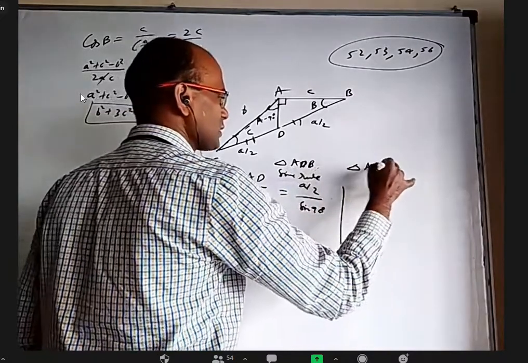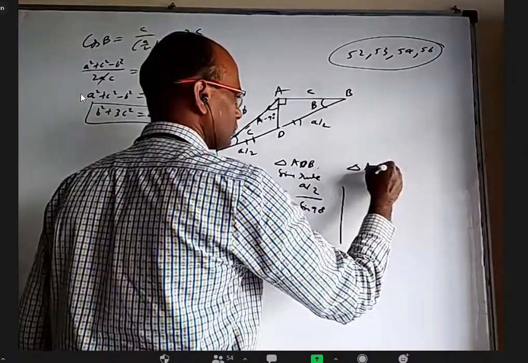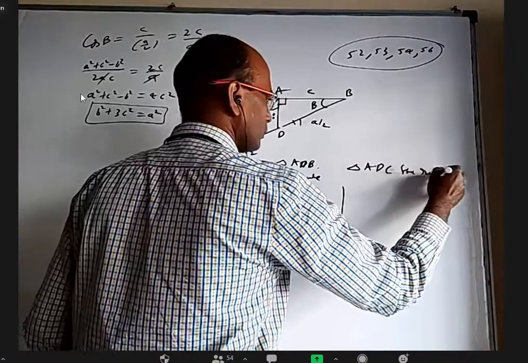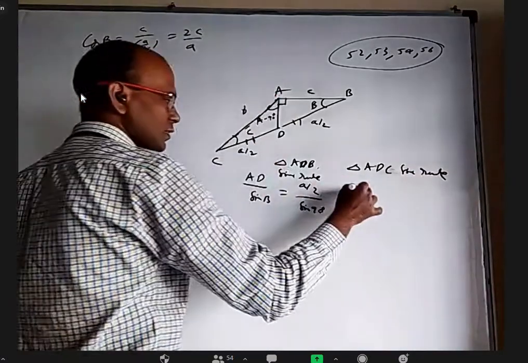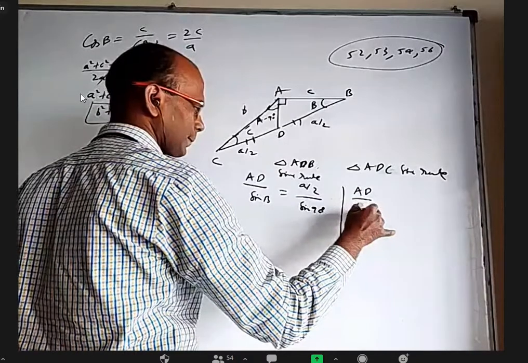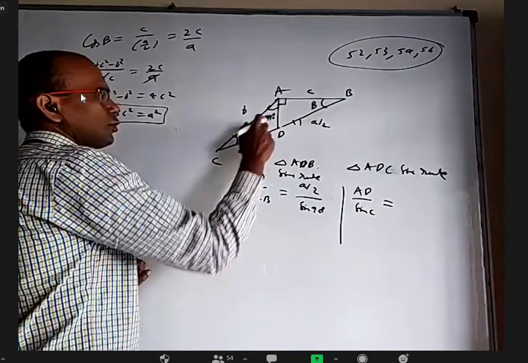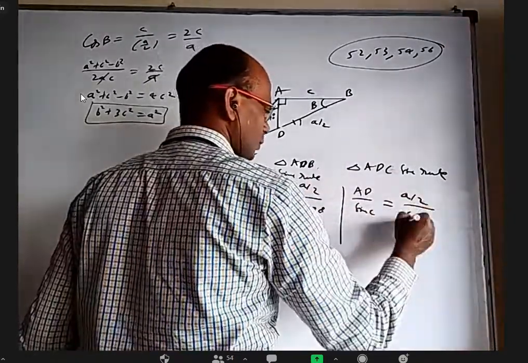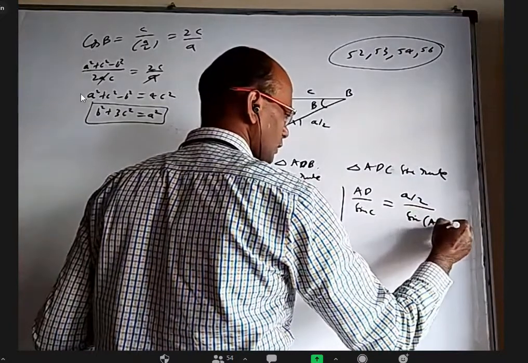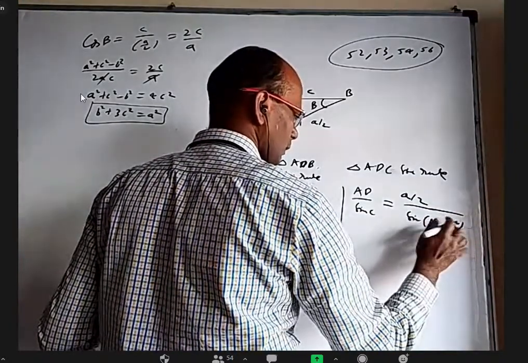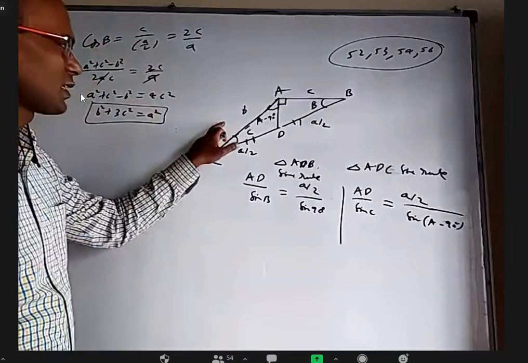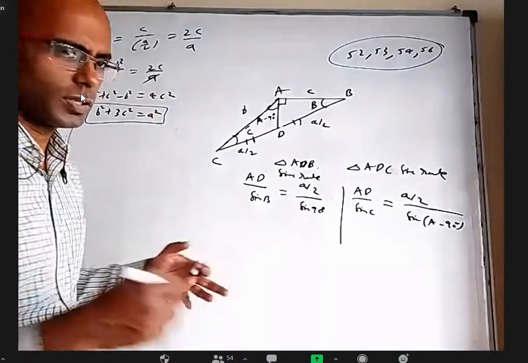Triangle ADC, if I use sine rule: AD by sine C equals A by 2 by sine A minus 90 degrees. I can also write this side by some angle which I know.